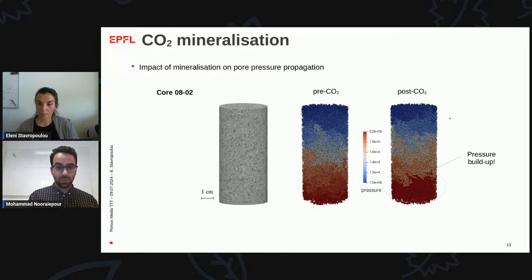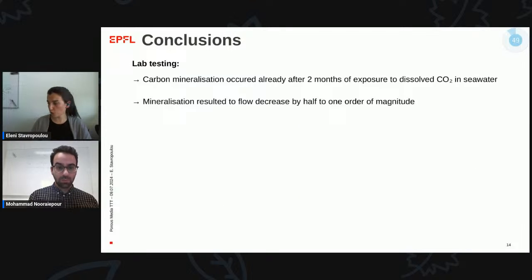So we do see the macroscopic results from the lab, but with these techniques and methodologies, we can, for instance, target in the microscale where things exactly happen and are more prone to occur. So to conclude, I hope I'm not too much over time. What we were able to see in the lab already after 2 months is that mineralization might occur.